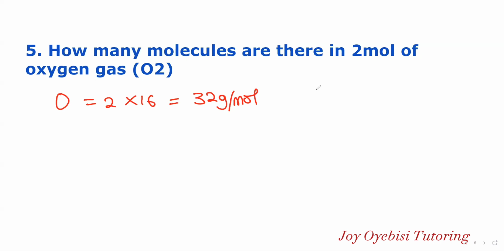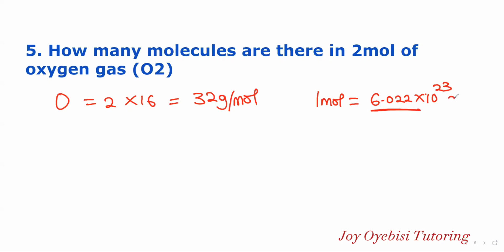So now the word molecule is different from moles when it comes to calculation. Please take note. Avogadro's number is 1 mole equals 6.022 times 10 raised to the power of 23. This is Avogadro's number.